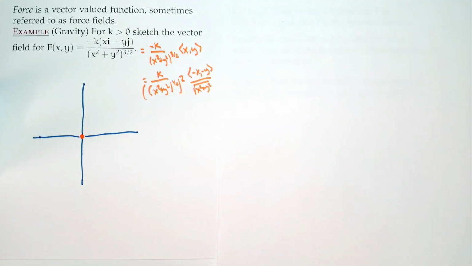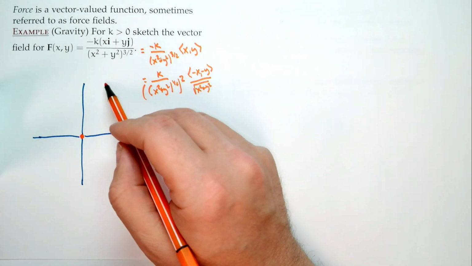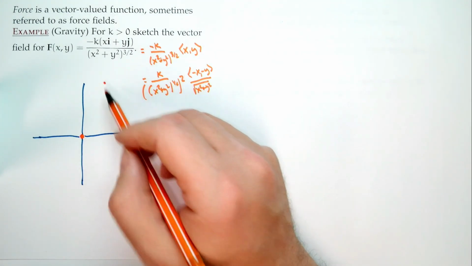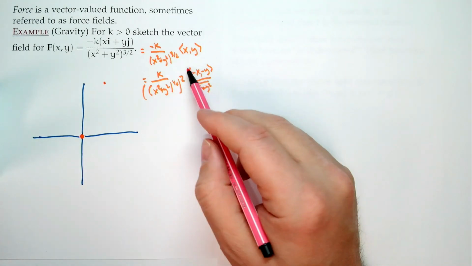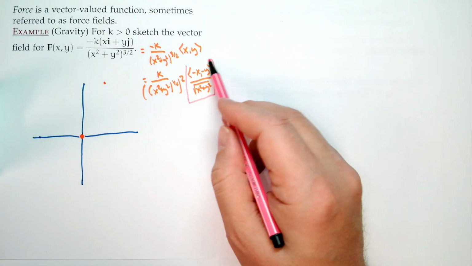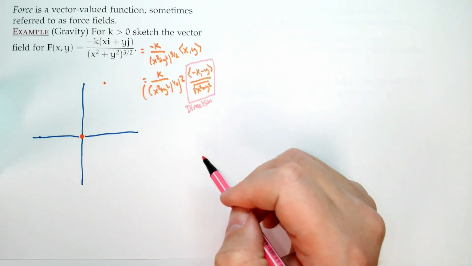Now, you can look at this and say, okay, sure, what you've done is the same as what you had, but why have you done it? So if you come out here and pick a point, here's a point x comma y. Every vector has two aspects to it, the direction and the magnitude. This second part here is the direction part. And the direction says what?